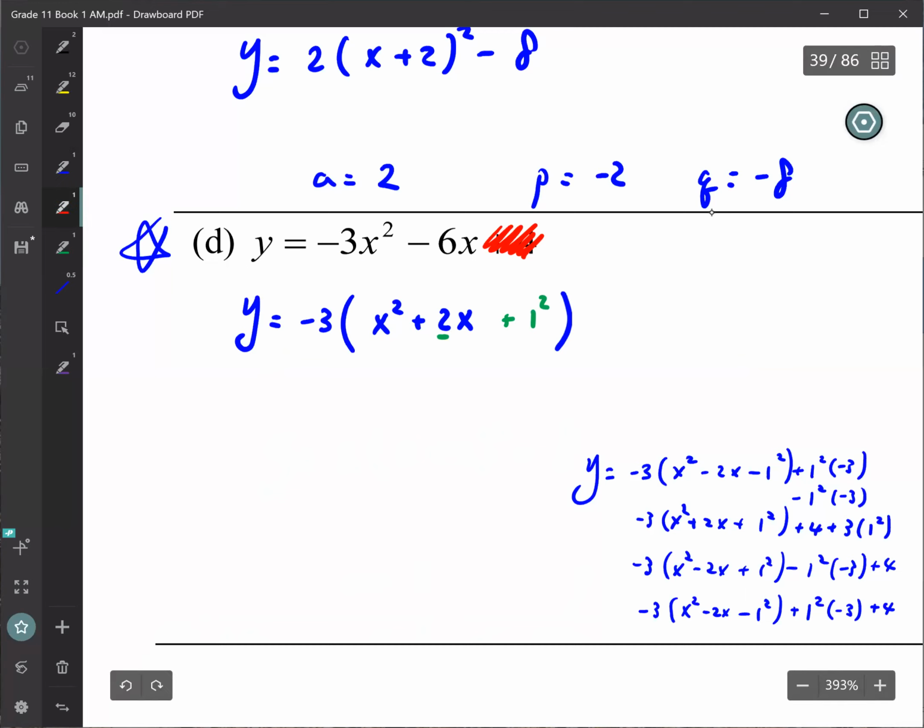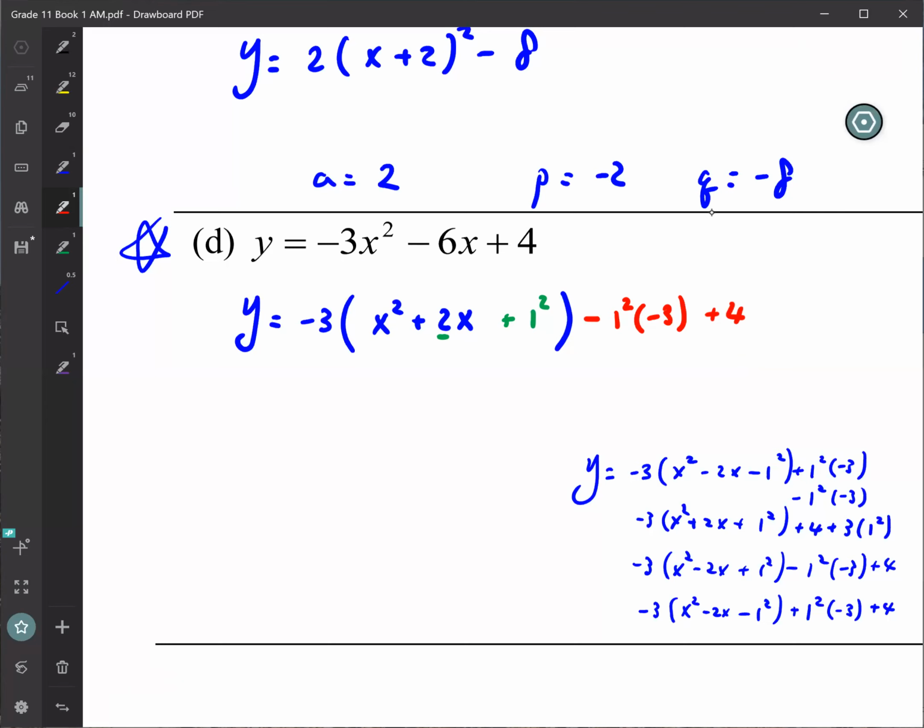And then when you do the balance, it's always subtracting, always. So minus the 1 squared that you add in, and then times it by -3. And don't forget the 4 that you covered up at the beginning, so plus a 4. So that will be your first line.